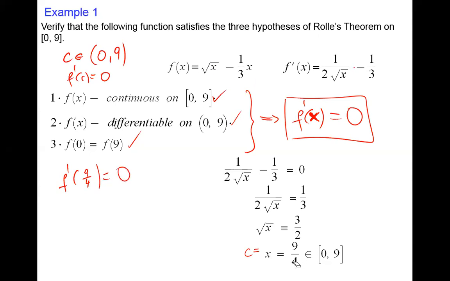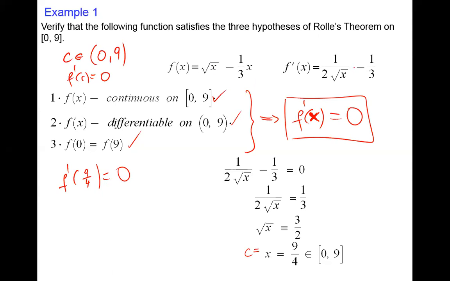We can even try, but of course we don't have to. We put 9/4: the square root of 9/4 is 3/2, the 2 is cancelled out, and 1/3 minus 1/3 is 0. So that's the tool at the moment, because we are still approaching the mean value theorem.